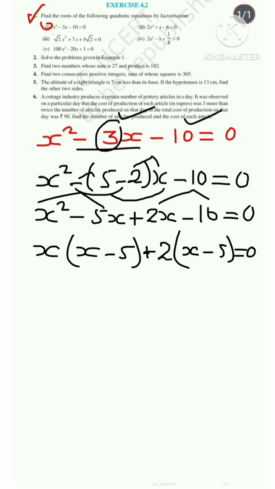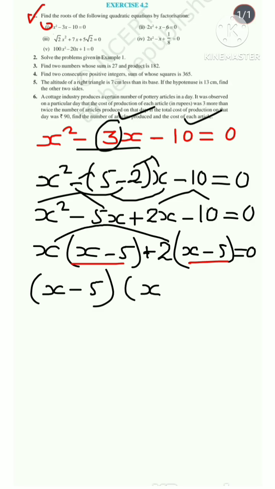Now here we can see x minus 5 and x minus 5 are common, so x minus 5, and here remains x plus 2, equal to 0.